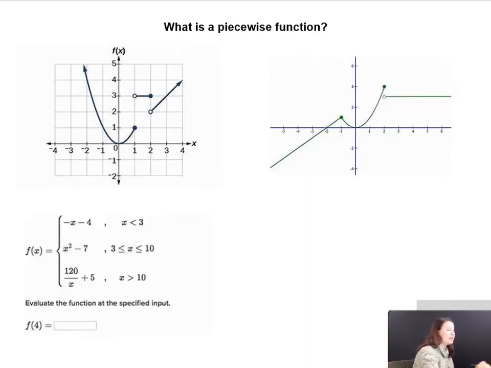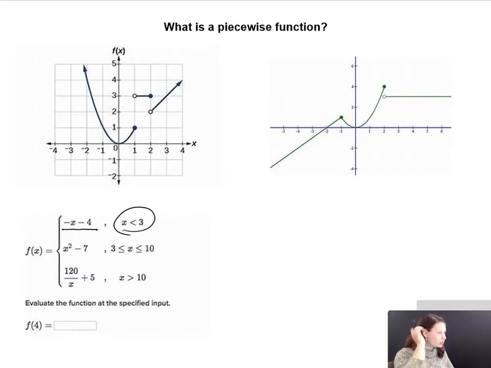Now, how we write them out as a function is something like this. If we look here, we see that first it has the function negative x minus 4, but only when x is less than 3, meaning we don't graph it anywhere other than negative infinity to 3 with an open circle at 3.